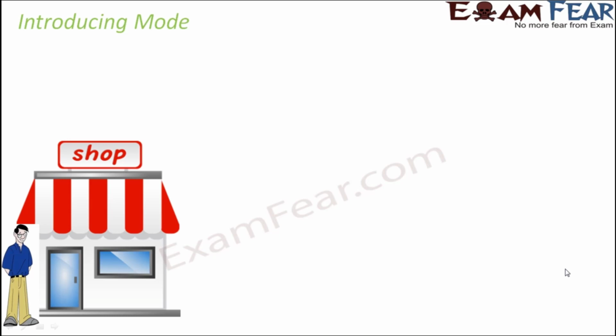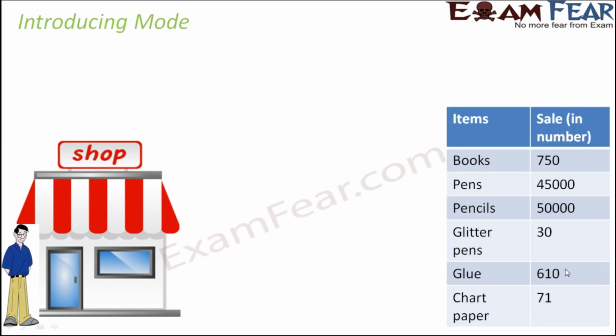Let us say that a shopkeeper observes the sales of different items in his stationery shop for a particular year. The number of books he sold was maybe 750, pens 45,000, pencils 50,000. So he actually sold 50,000 pencils from his shop.